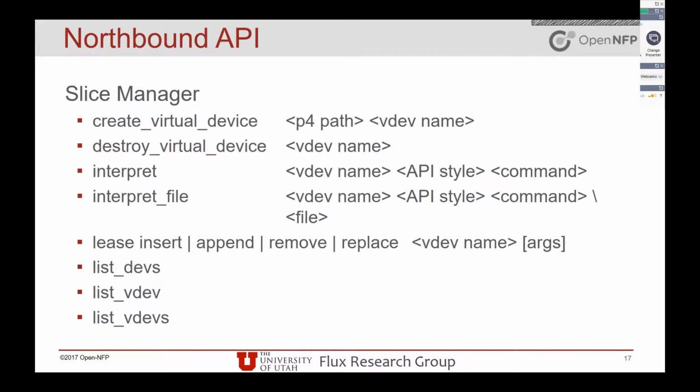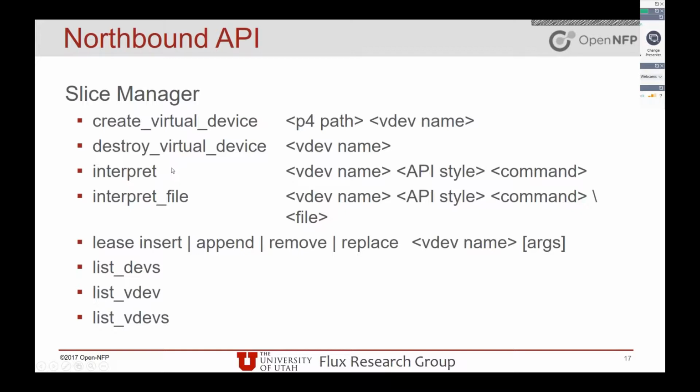The slice manager obviously needs to be able to manage the slice through a number of functions that result in creating and destroying virtual devices. The interpret command will take a rule that is written according to the underlying virtual device's network function, and do the translation for the Hyper4 table entries that need to be produced.